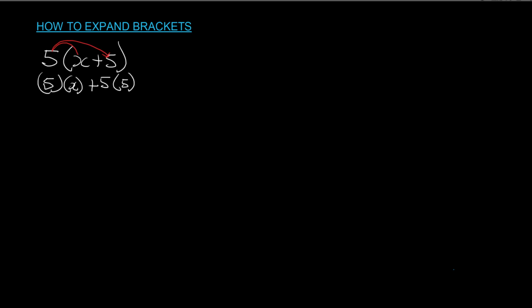This gives us 5x plus 25. So this is our answer. So this is example 1. Example 2, if we have 5 times (x squared plus 4), we use the same approach.